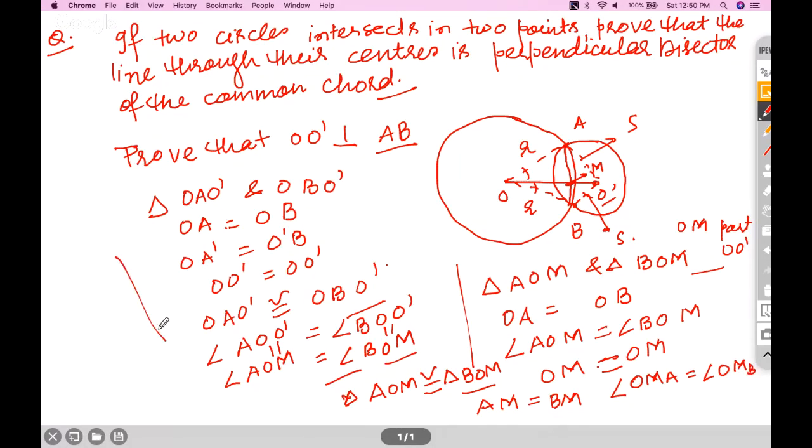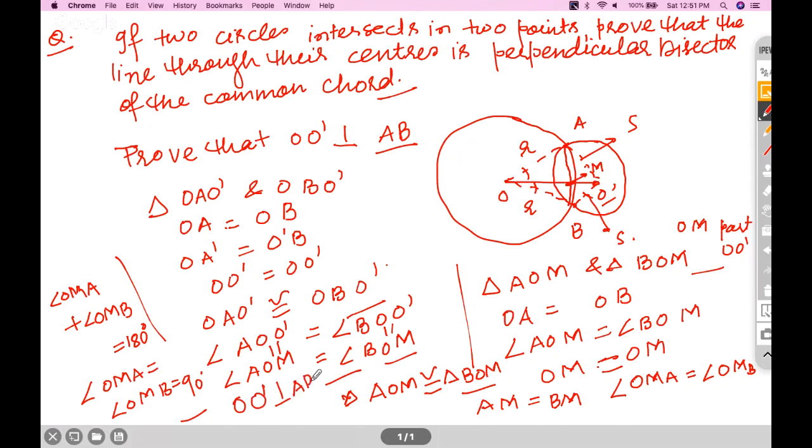I'm writing here angle OMA plus angle OMB is equal to 180 degrees, and the two are equal. Hence angle OMA is equal to angle OMB, which is equal to 90 degrees. So as soon as you prove this, the line OO dash becomes perpendicular to AB because M is part of line OO dash. This is how you have to solve it.